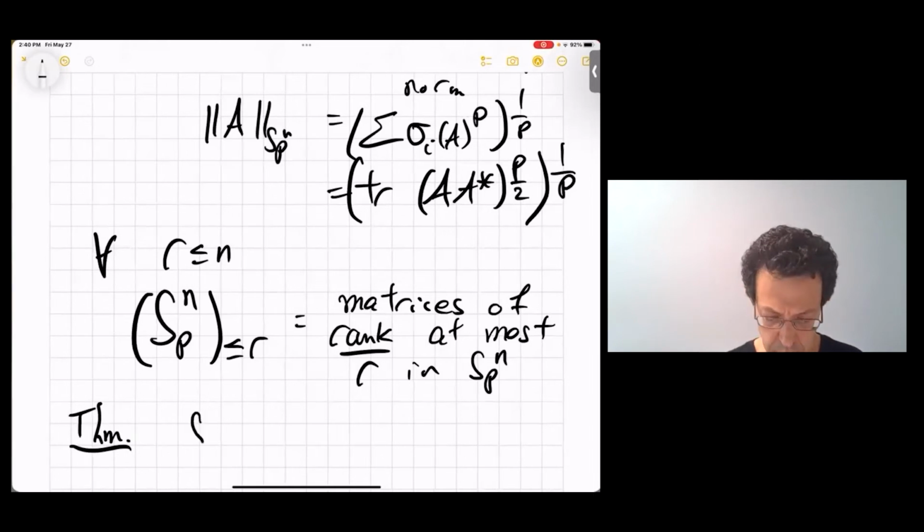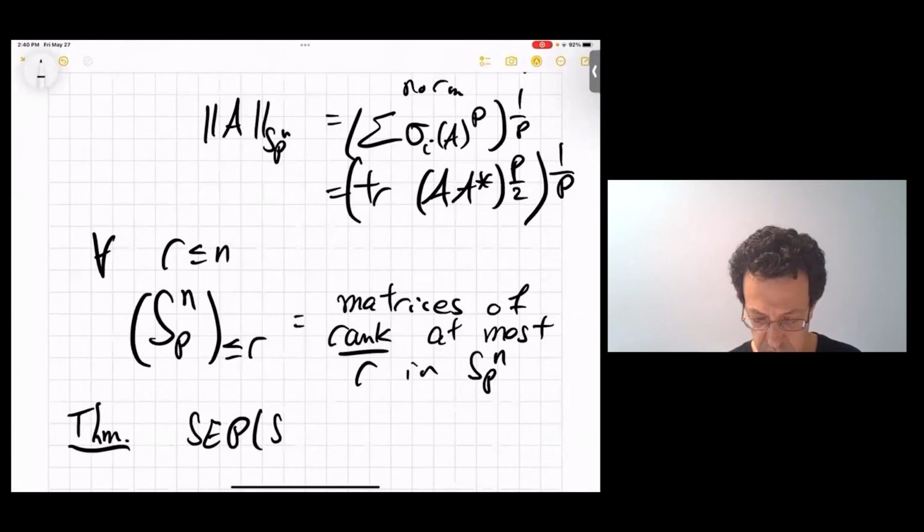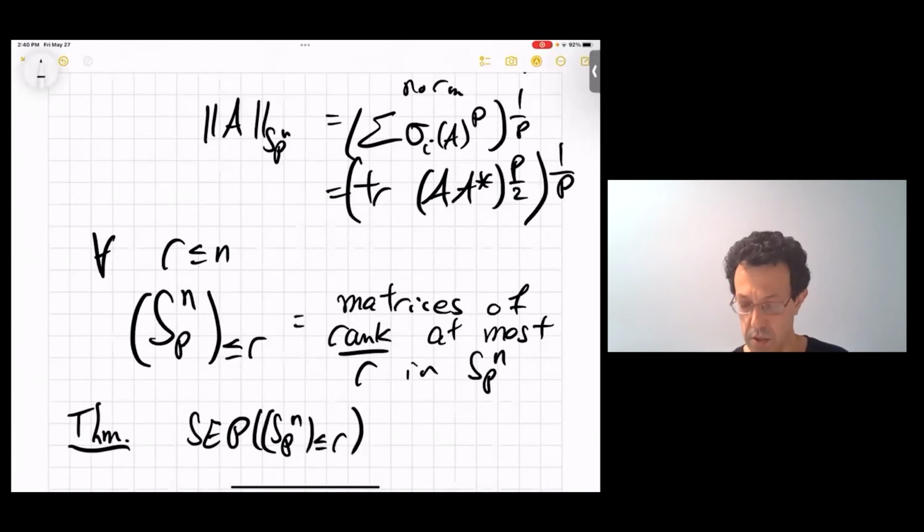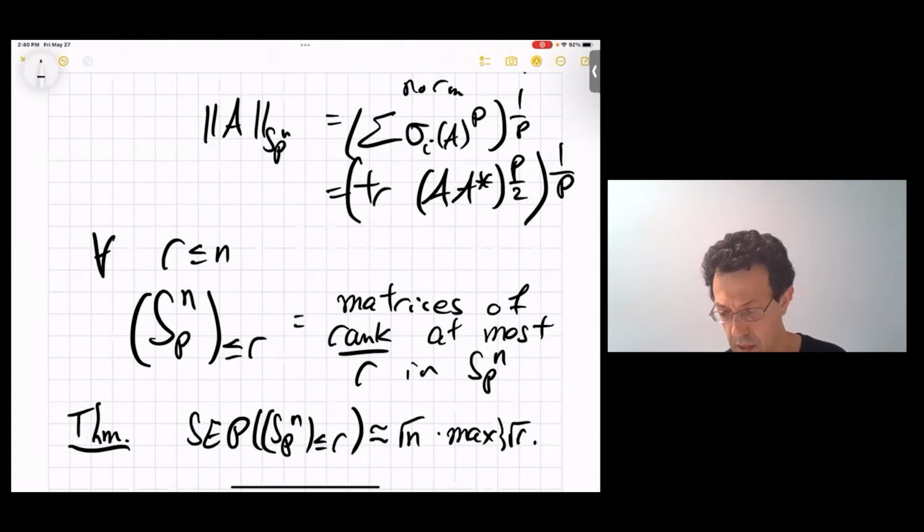So you get the separation modulus of the rank at most R matrices in S_P^n is, again up to lower order factors, root of n multiplied by the bigger of root of the rank, and the rank to the 1 over P. So you can handle things of this type.